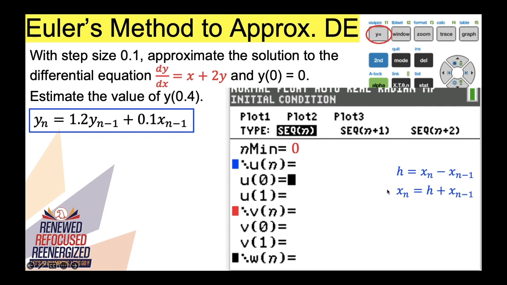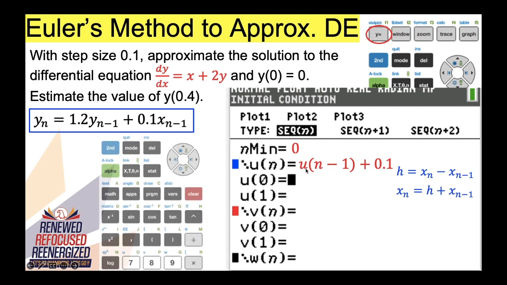However, instead of using x, we will be using u. Okay? So what you're going to do is type it in here, and there are some notations that you need to follow. So here, x sub n is equal to h plus x sub n minus 1. H is 0.1. So instead of x, you use u. So how do you use u here?